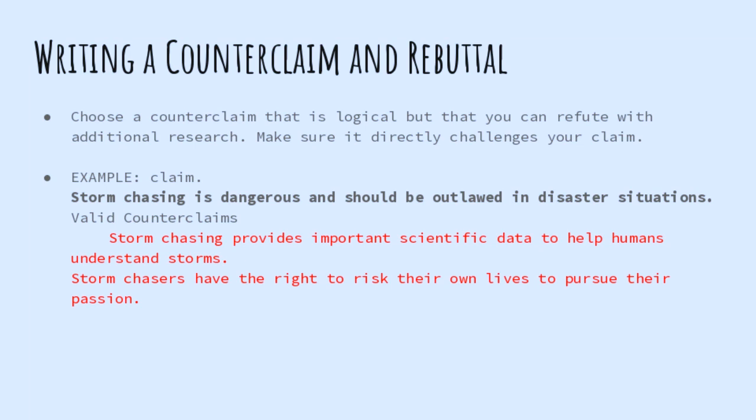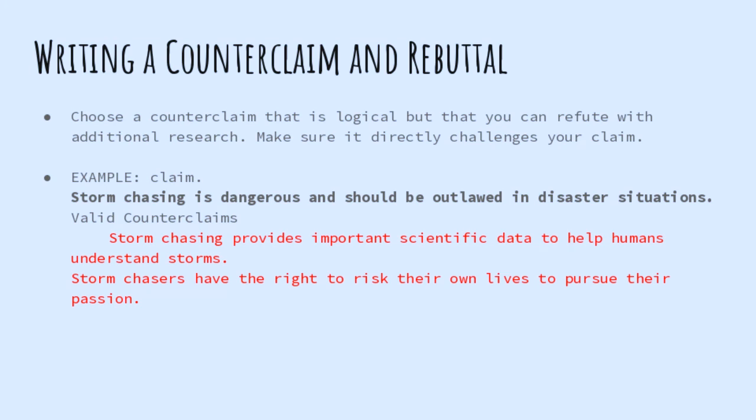Your counterclaim. So this is the counterclaim. This is something that refutes it with additional research. Storm chasing provides important scientific data to help humans understand storms. Or, storm chasers have the right to risk their own lives to pursue their passion.